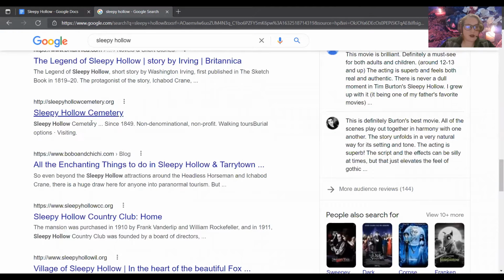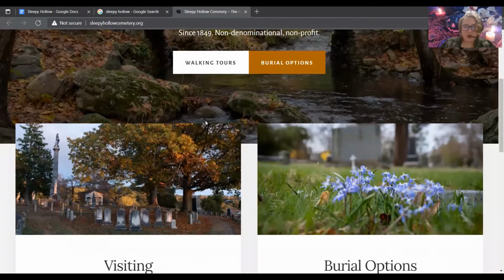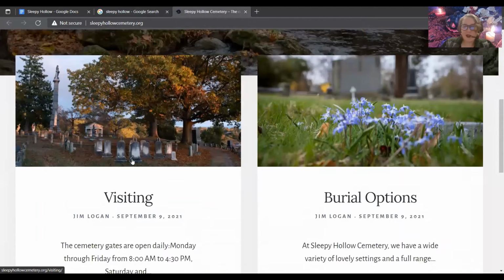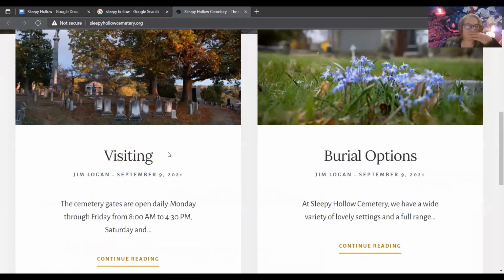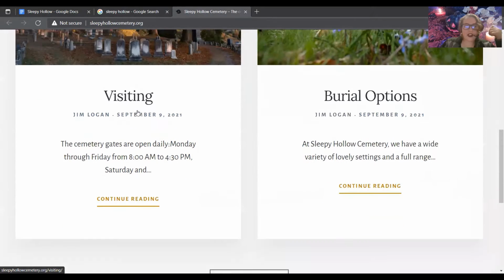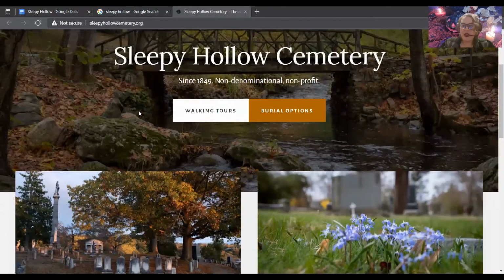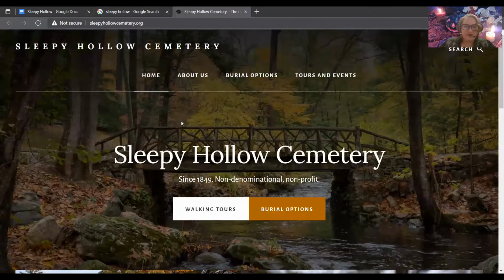Ooh, Sleepy Hollow Cemetery. What's this about? Now, I went to, yes, okay, I've been here. So Washington Irving is actually buried here, and so they call it the Sleepy Hollow Cemetery, and it's actually outside of New York. I visited a friend in New York several years ago now. It's been a while, and I got a chance to go here.